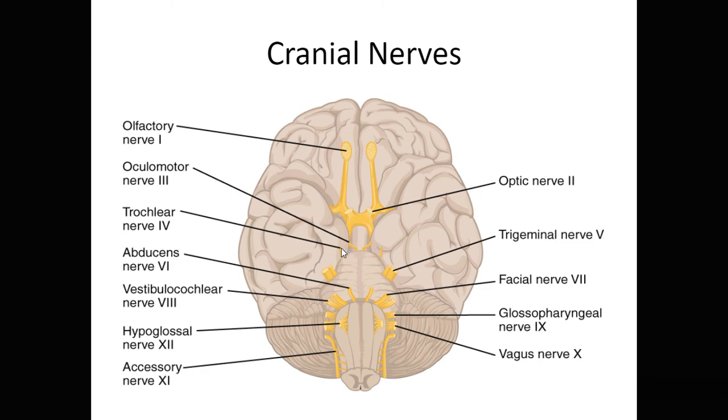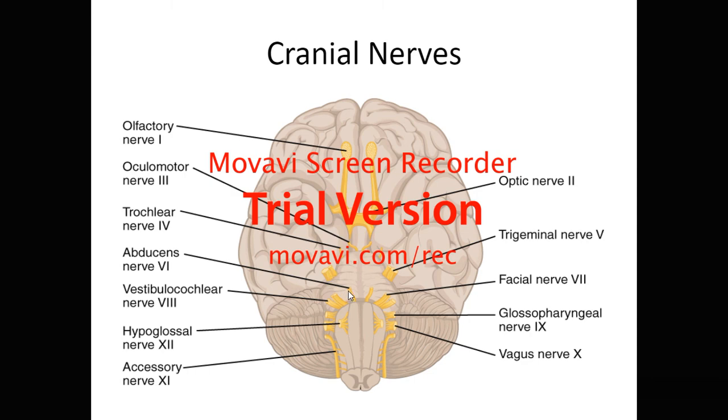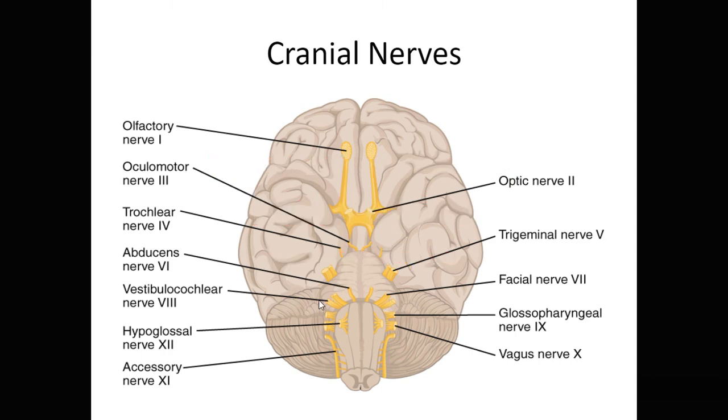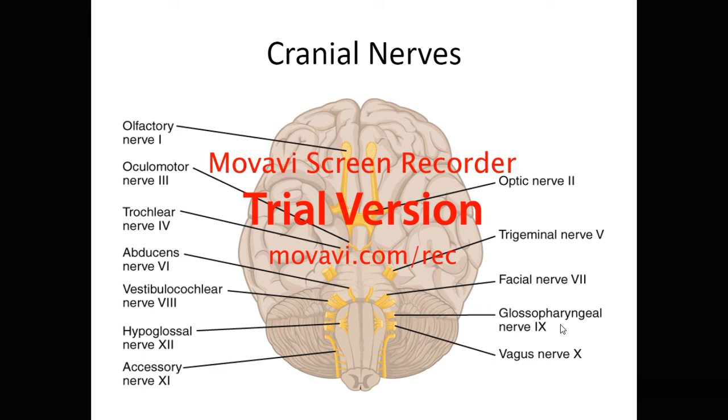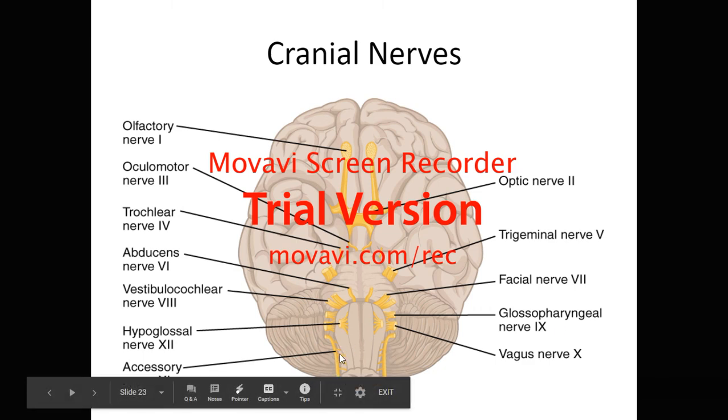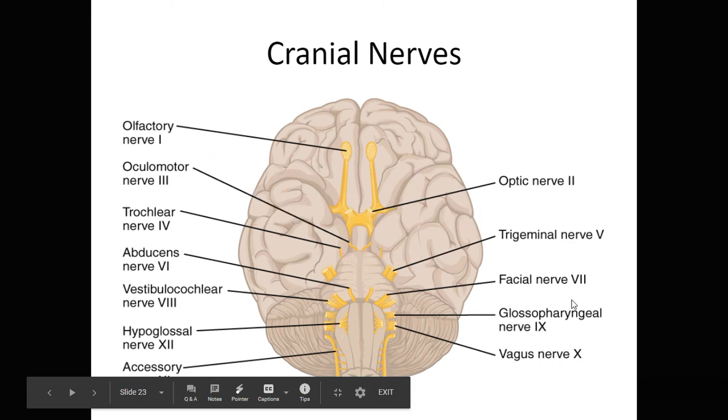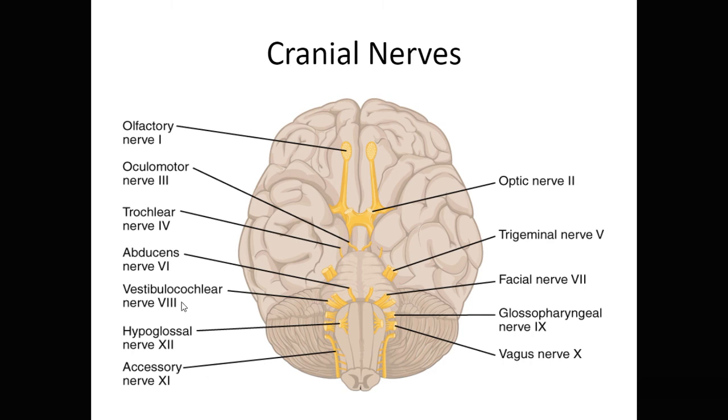Then you have trochlear, 4, 5, trigeminal, 6, abducens right here, 7, facial nerve, 8, vestibulocochlear nerve, 9, glossopharyngeal nerve, 10, vagus nerve, 11, accessory nerve right here, and then 12, hypoglossal nerve.